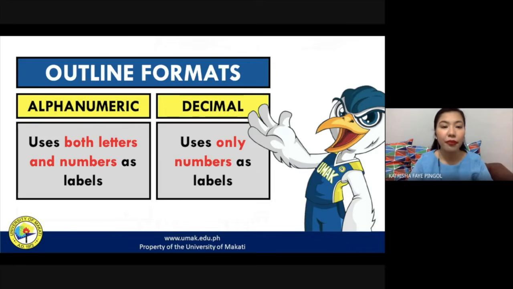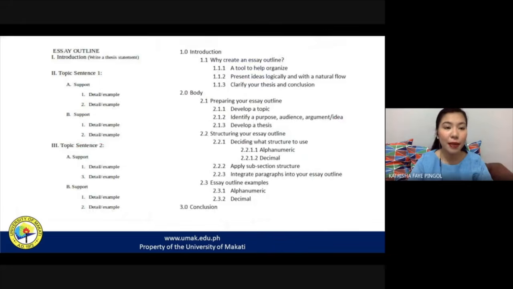Okay, so let's take a look at these examples. On my left, or on your left, rather, you can see that we have there an essay outline. Okay, so if you're going to look at the labels of this particular outline, you can see that it uses the Roman numeral I for 1, and then the letter A, as well as the numbers 1 and 2.